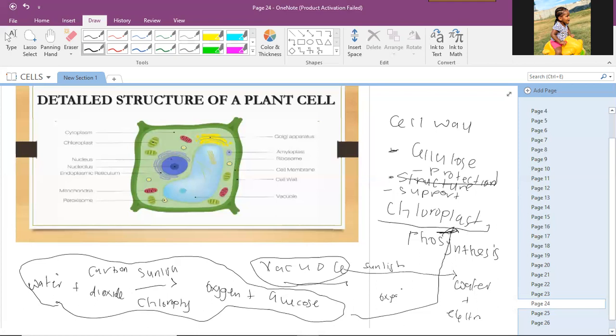So plants need a reservoir of water. To keep that water and electrolyte balance in place, plants have a structure known as a vacuole that keeps water and electrolytes. So it's for water and electrolyte balance within the plant cell, because primarily plants rely on water for photosynthesis.